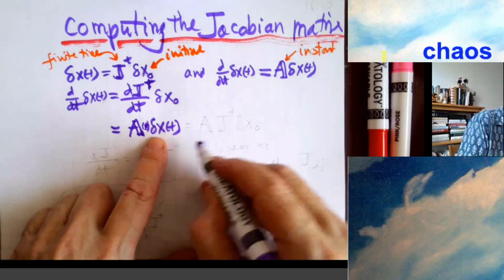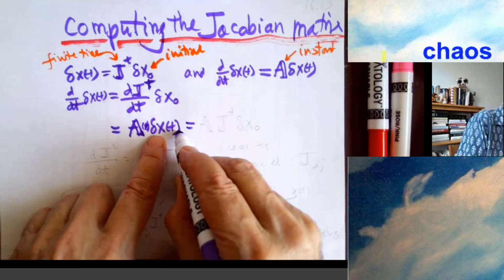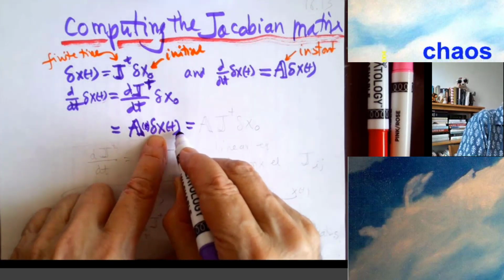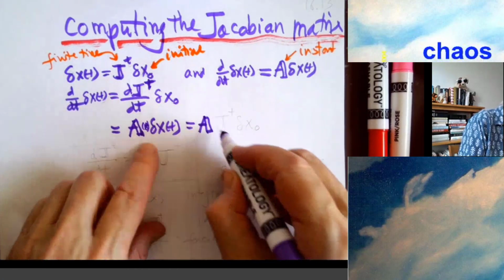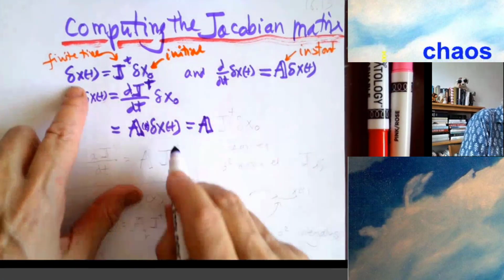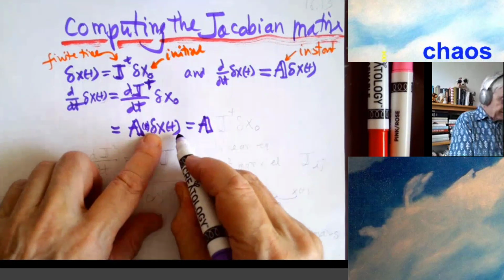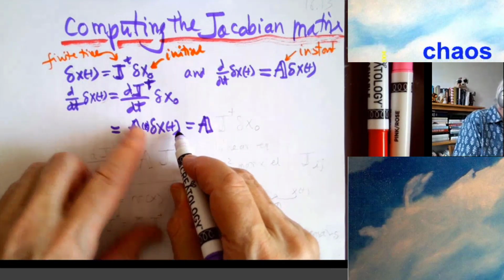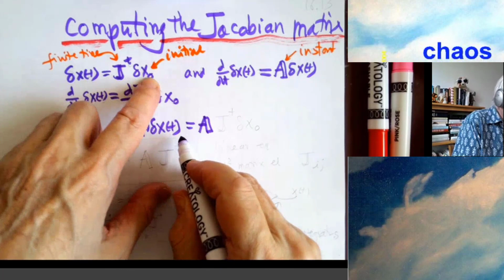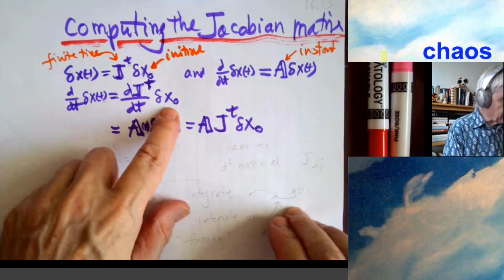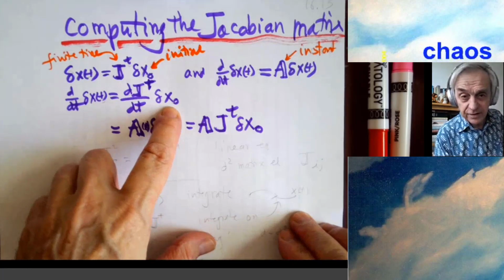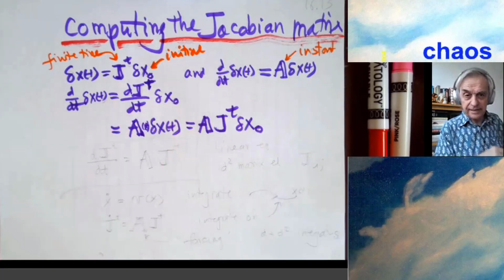But I know that this deviation dx(t), at time t, can be related to the original one. So I write this matrix again, but now I replace the deviation at time t by the Jacobian matrix times the initial deviation. This should be true for any initial condition in a close, linear neighborhood.